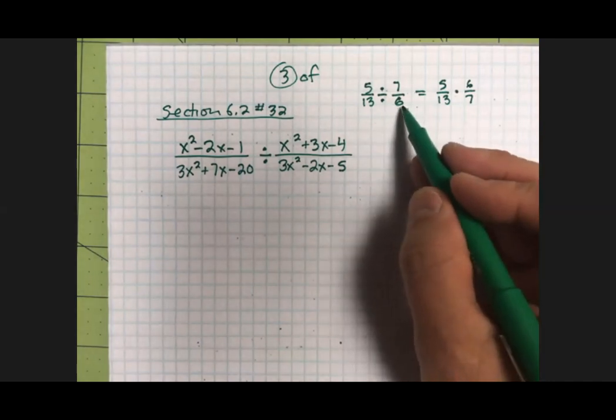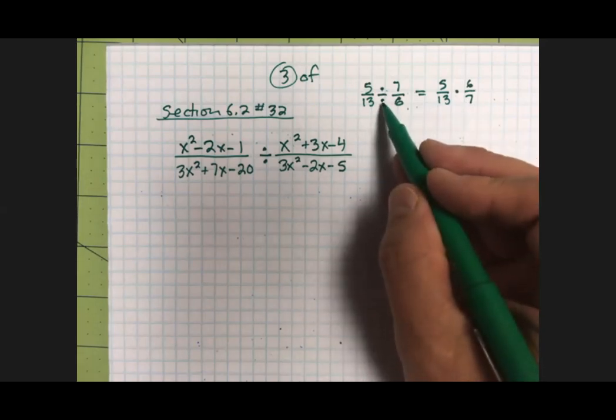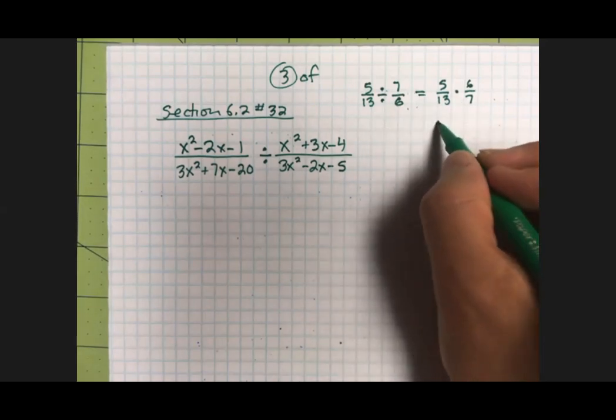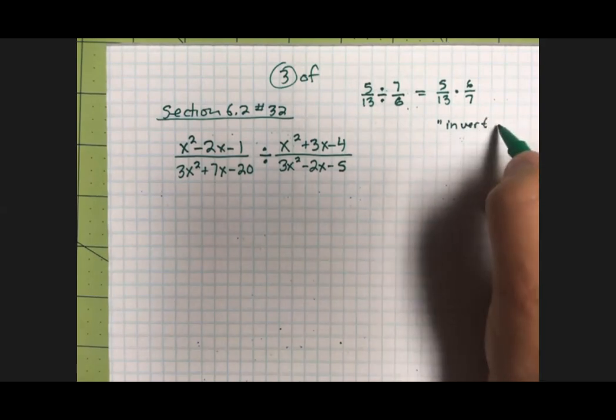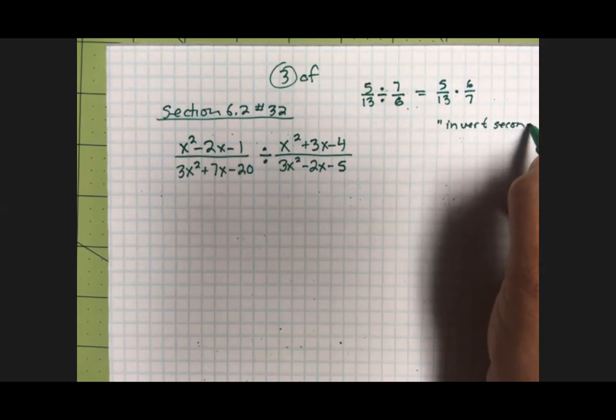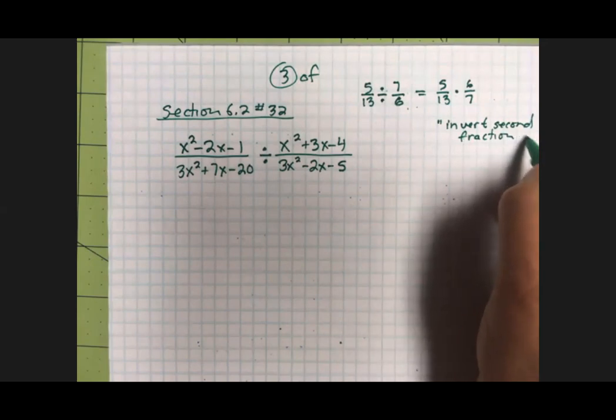You invert the second fraction and you multiply. So dividing fractions means, maybe you've said it that way, invert the second fraction and multiply.